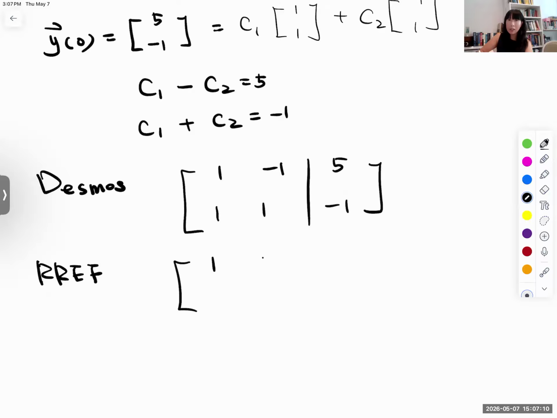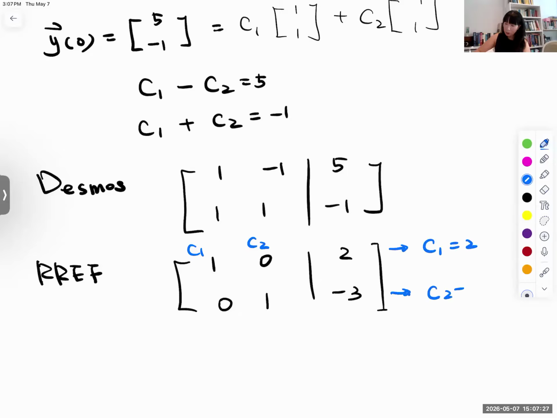So we have 1, 0, 2, 0, 1, -3. Okay, that means c sub 1 equals 2, and c sub 2 equals negative 3, right?